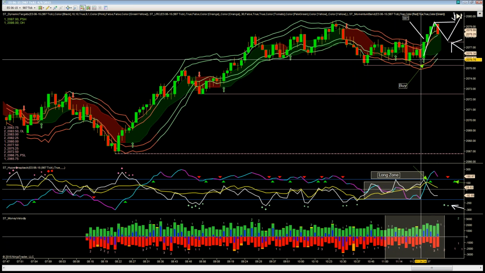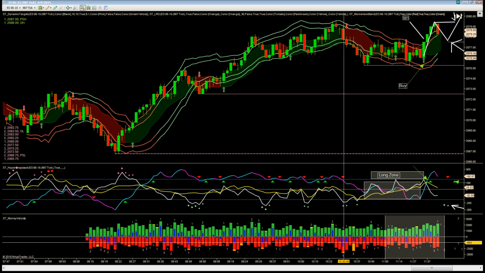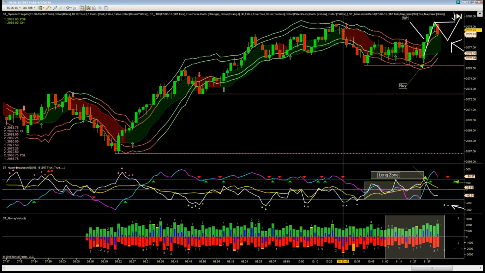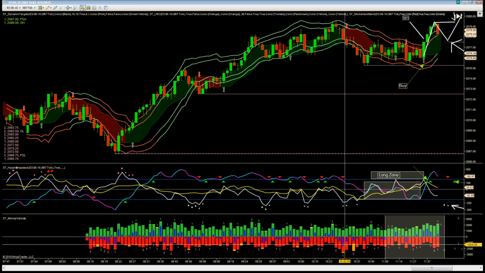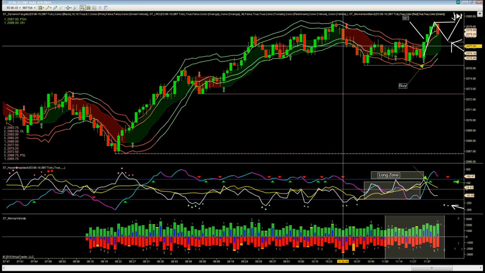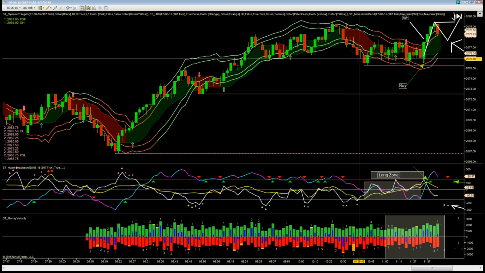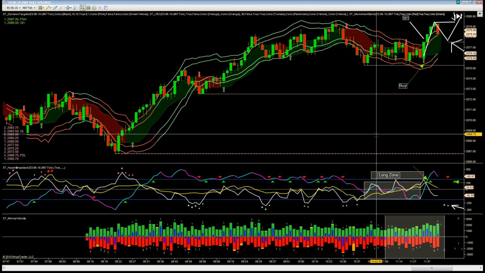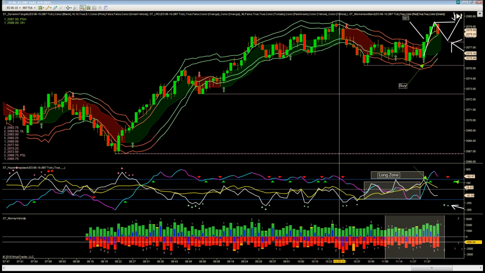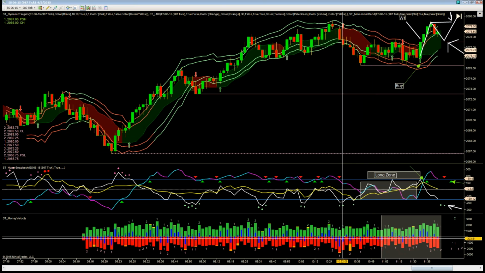So preceding every move, money has to be injected, otherwise it's not going to go anywhere, either on a downside or an upside. Even this little move down here at 10:30:45, you can see how the blue bars and the red bars are dominant, and it just tails off to the downside.